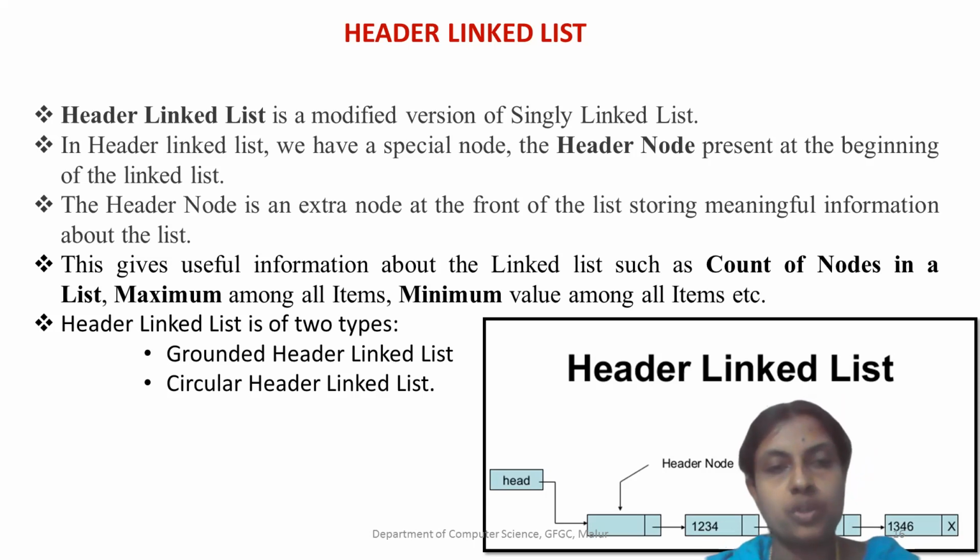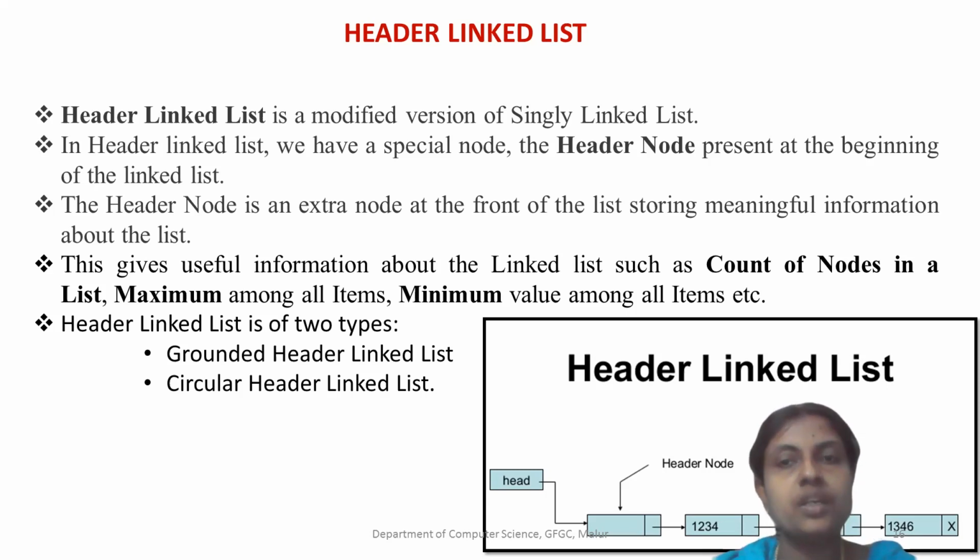Among the given nodes, if you want to identify the maximum value or find the minimum value among all items, those kinds of information can be maintained in the header node. This information will be common to all the nodes. So general information related to the linked list is maintained in the header node.